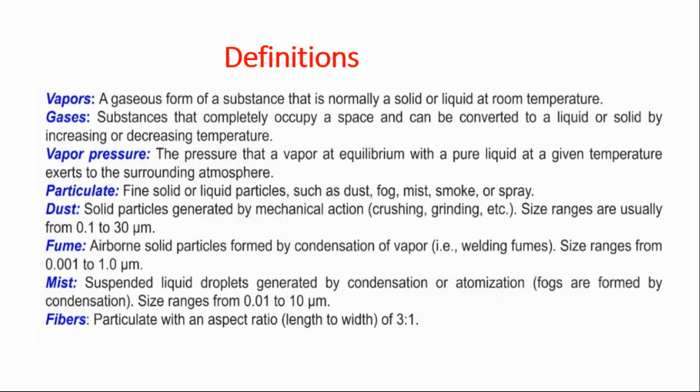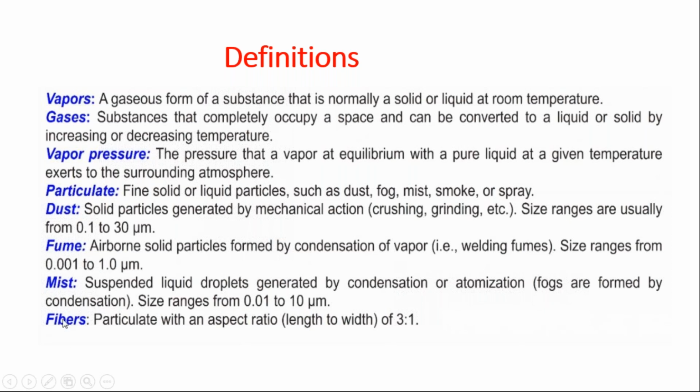This process is called atomization, and this is called spray. Mostly, spray particles are formed whenever a pressurized liquid is discharged through a nozzle into the atmosphere. The size of a mist particle may range from 0.01 to 10 micron.